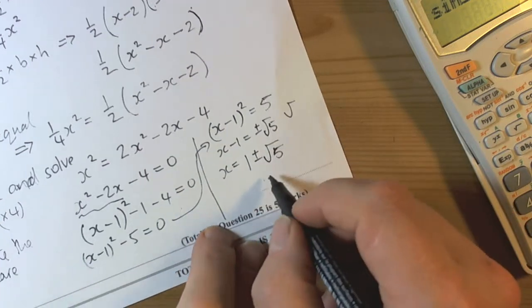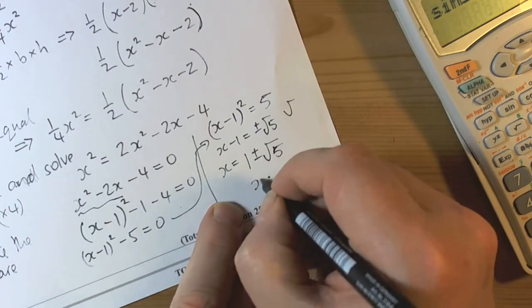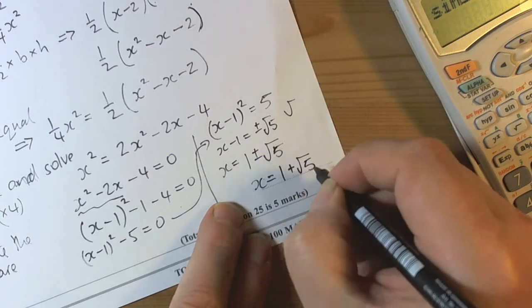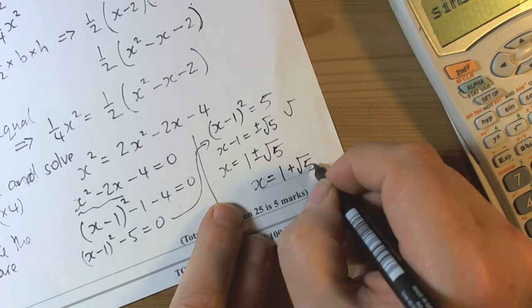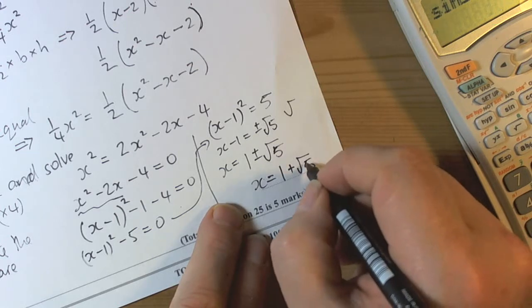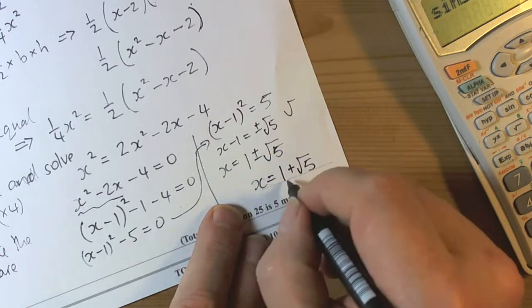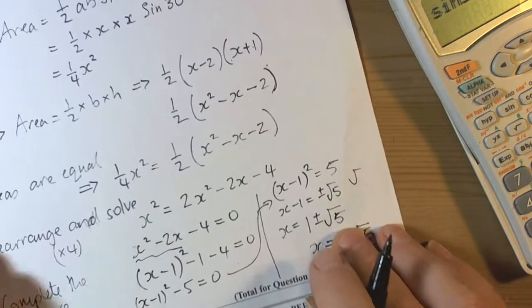So the only positive value that comes from this is x equals 1 plus the root of 5. The root of 5 must be bigger than 2 because the root of 4 is 2, so if we did 1 take away the root of 5, we'd end up with a negative. So the only positive answer is 1 plus the root of 5.